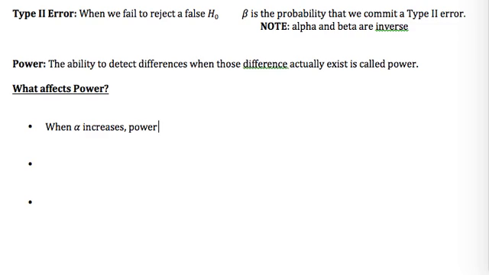If you increase your alpha level, in other words, if you go from the 1% level to the 5% level to the, God forbid, 10% level, does your power to see things increase or decrease? This is a little tough to think about at the beginning. Power increases.